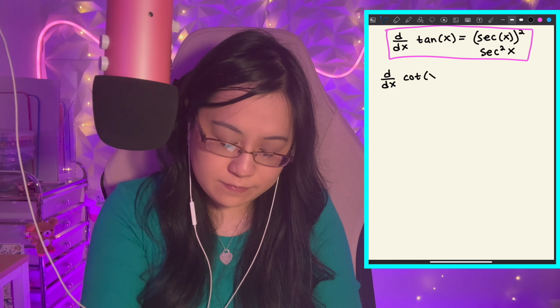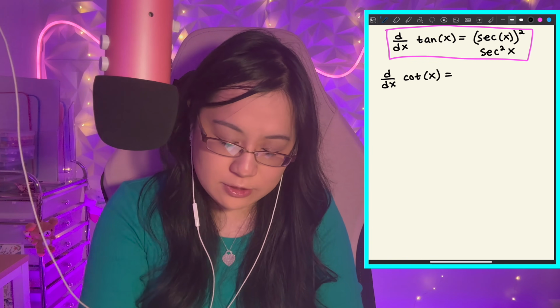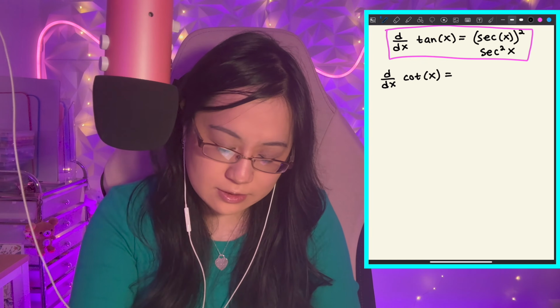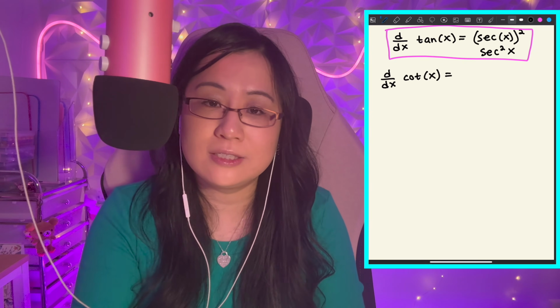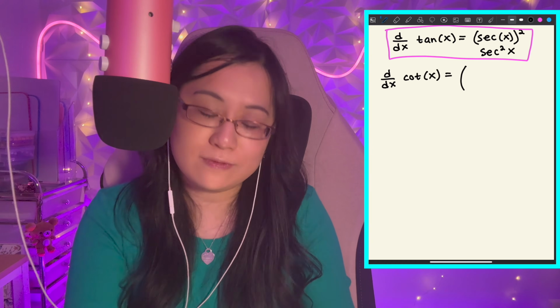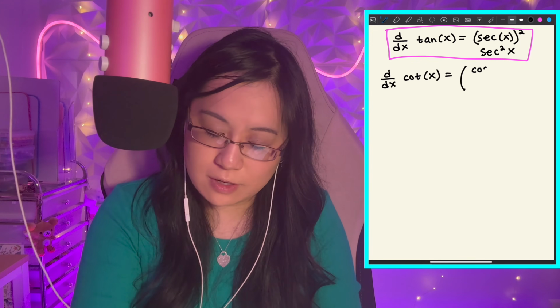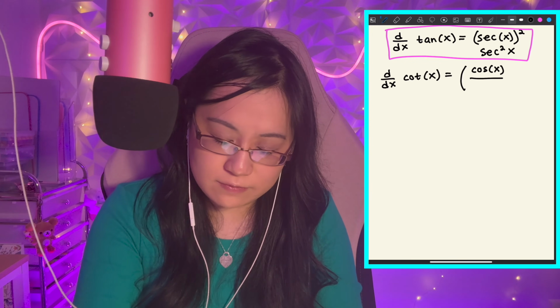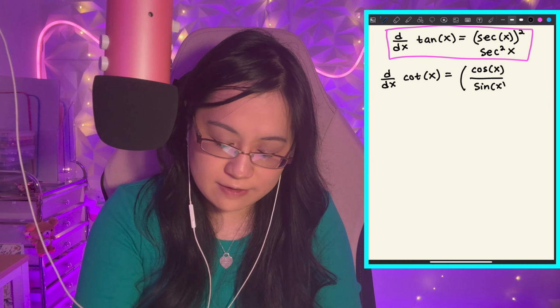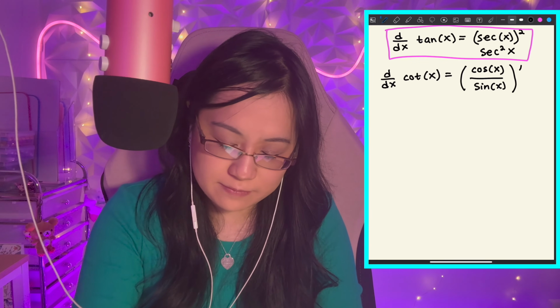So this time it's the same exact thing, but we just have to be careful in how we write this. So cotangent is cosine over sine, or 1 over tangent. But going back to our basic trig functions, cosine and sine, we have this quotient now.